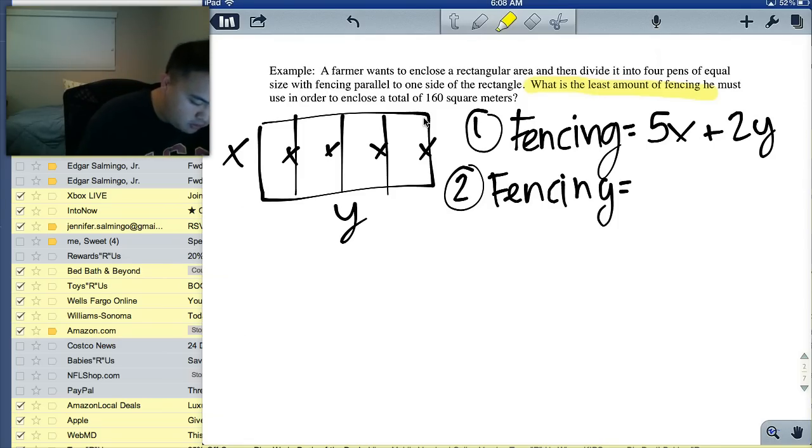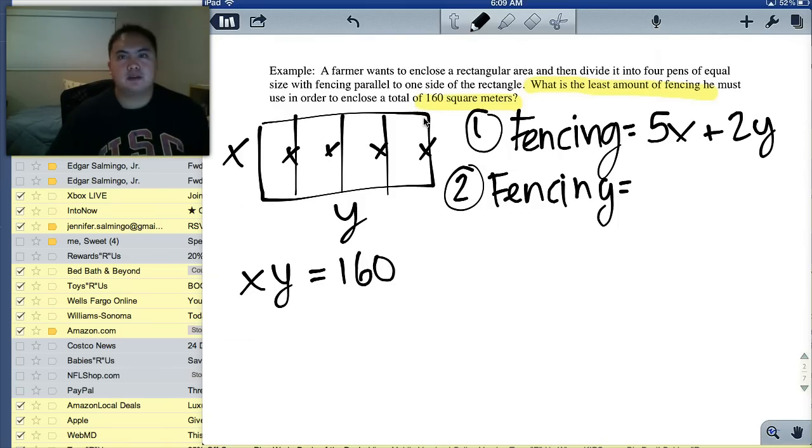The only piece of information they gave me, number-wise, is that they want to enclose 160 square meters, or the area has to be 160 square meters. So as my side calculation, would you agree that x times y has to be 160?